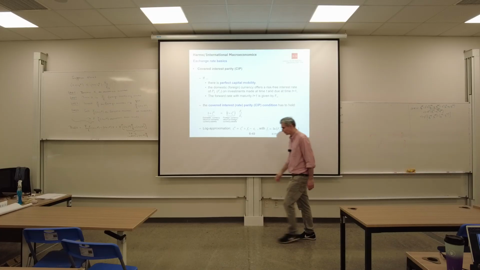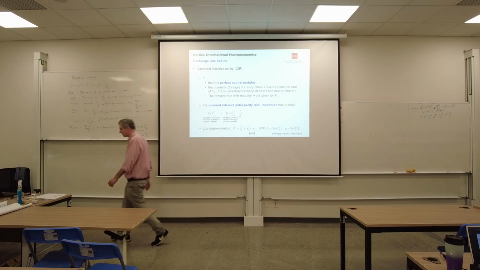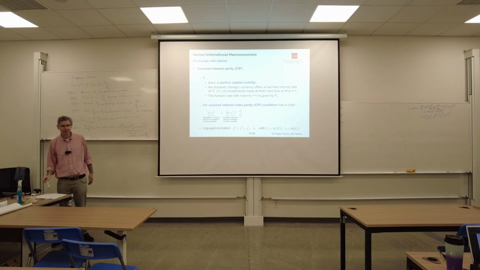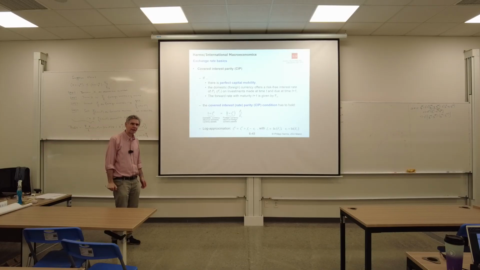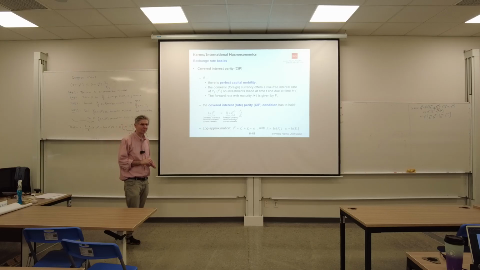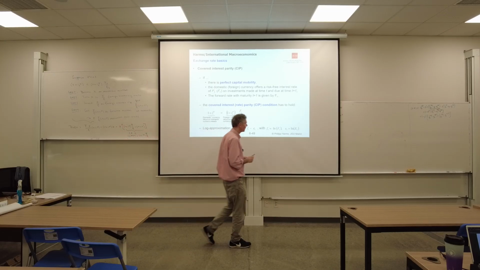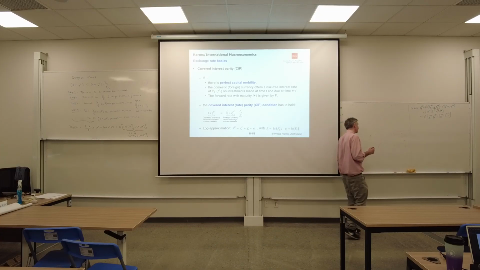Economists hate to multiply and to divide, but they love to add and to subtract. Or put differently, we love linear equations. We don't like nonlinear equations. Now, the CIP equation is a nonlinear equation, right?